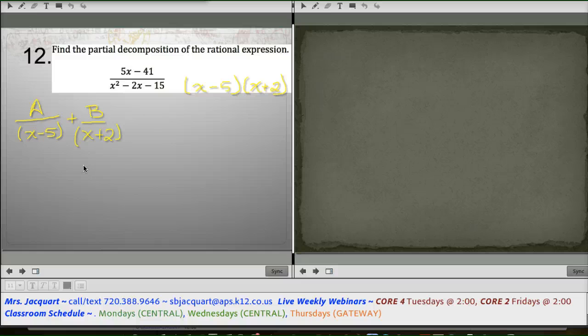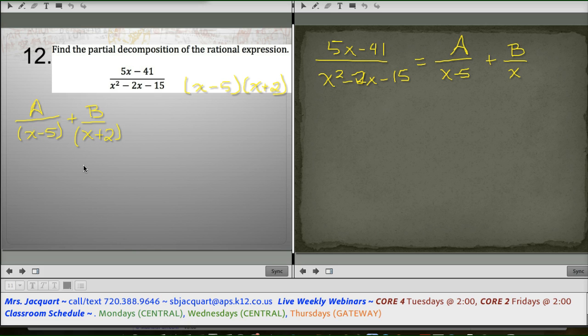So I have 5x minus 41 all over x squared minus 2x minus 15 equals a over x minus 5 plus b over x plus 3.